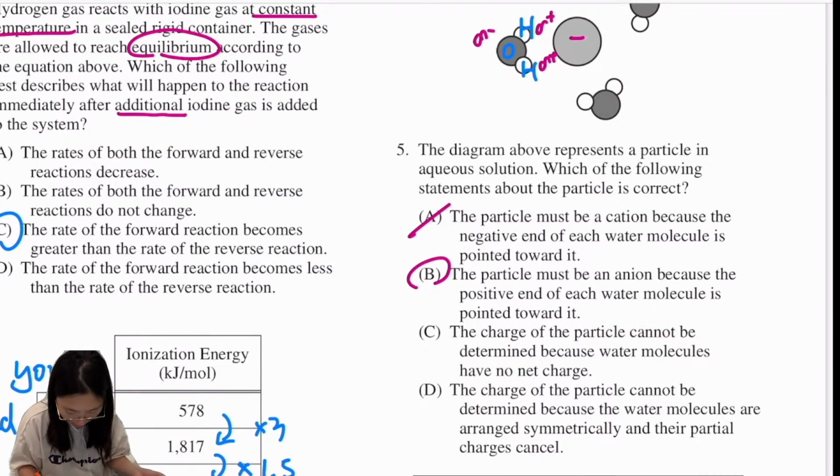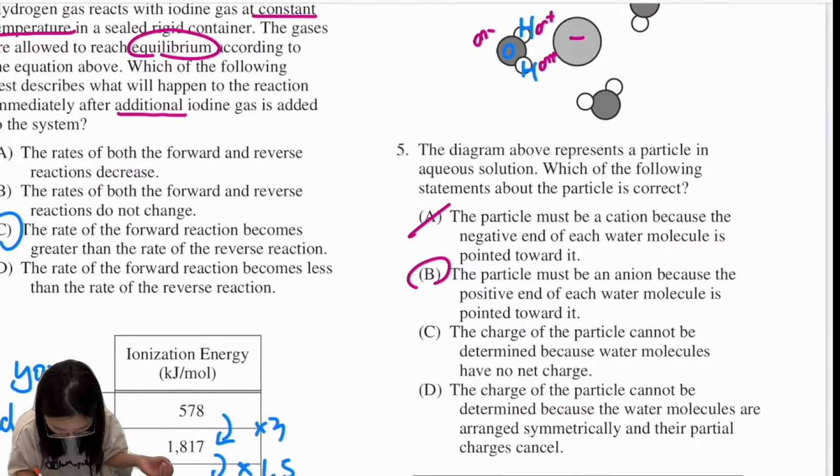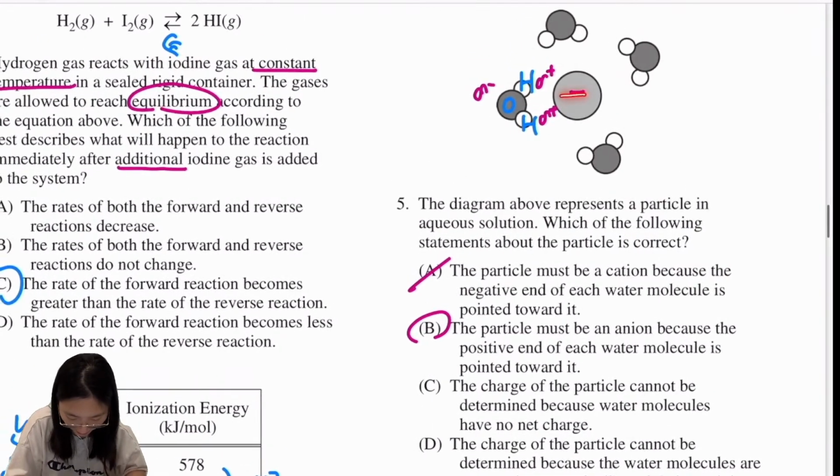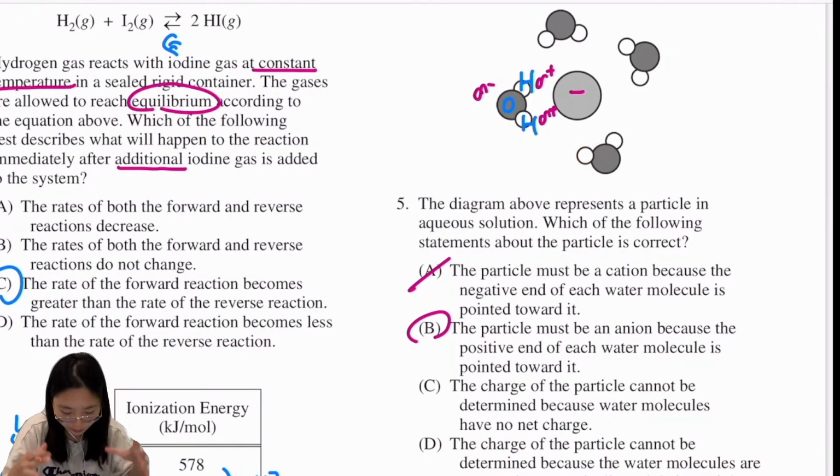Well, no, it can be determined. D, the charge of the particle cannot be determined because it's arranged symmetrically. No, it has nothing to do with the arrangement of water. So if it's an anion, then all the hydrogens are facing towards the ion. If it's a cation, then the oxygen part will be facing toward the ion.